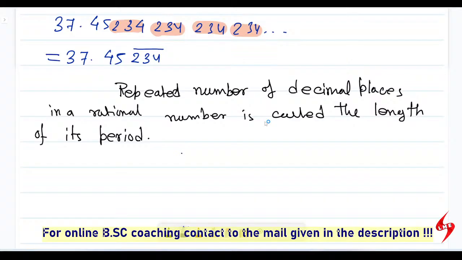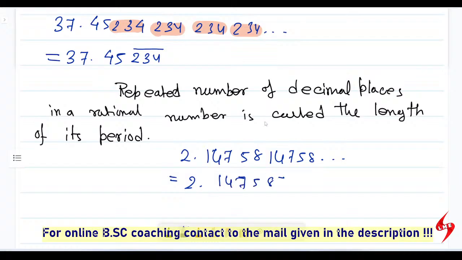Okay, so if I have a decimal expression like 2.147581475 and so on, I write it like this, 14758, and then I take a bar here. So the number of elements in the repeating period are 1, 2, 3, 4, 5.